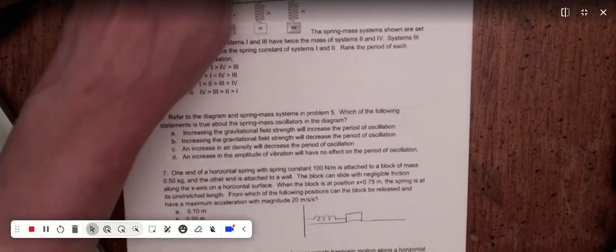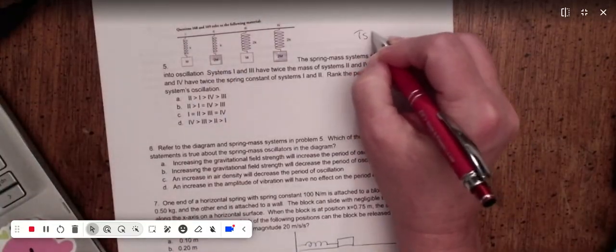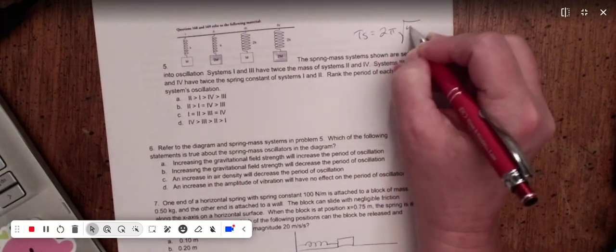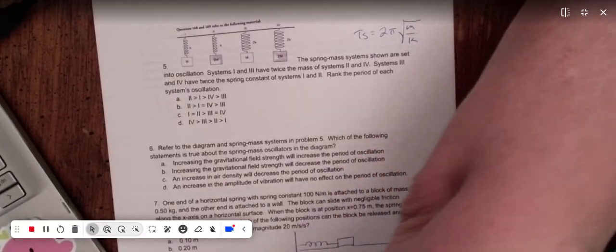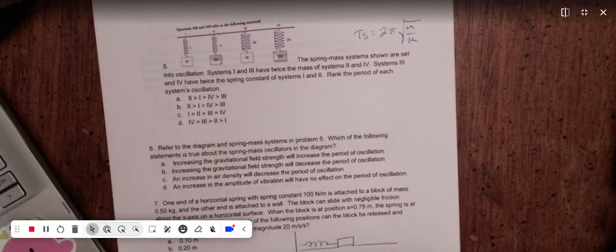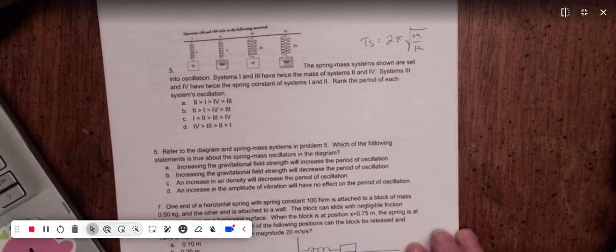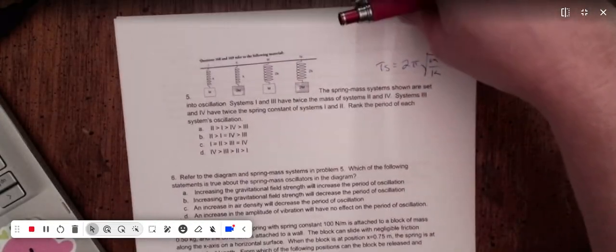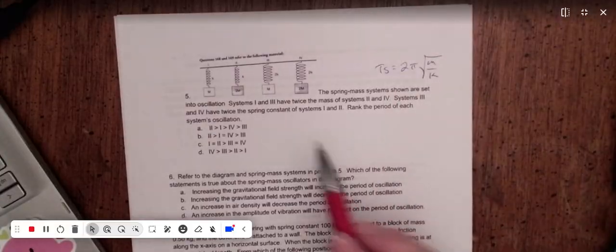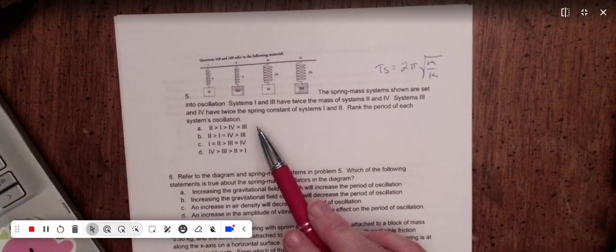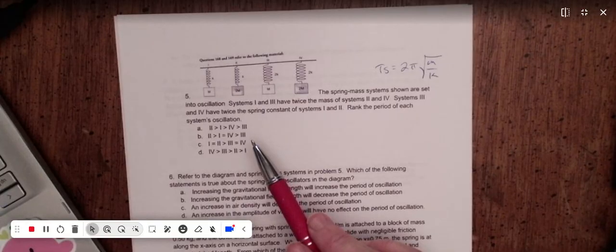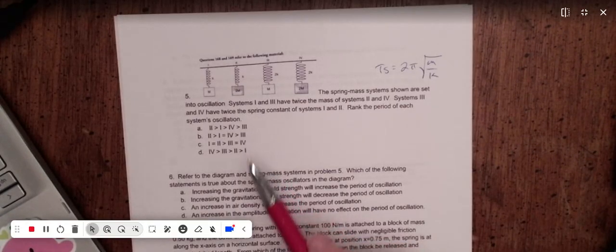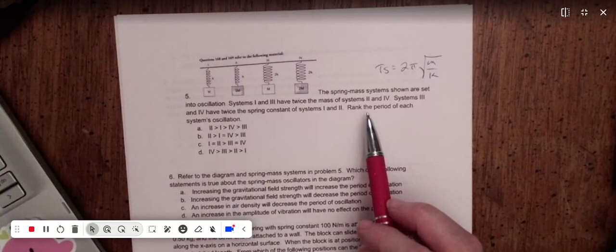Okay, so our period again, 2 pi square root of m over k. Okay. So this is a ranking type question. All right. So let's see. So 1 and 3 have twice the mass of 2 and 4.